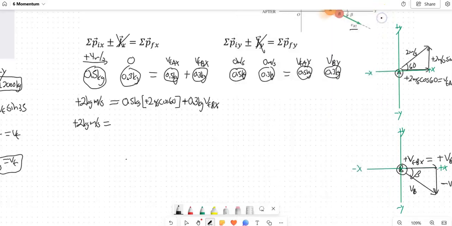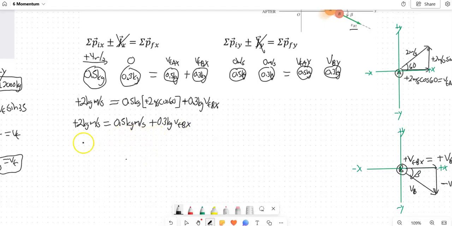And it is. Why do I never trust myself? So when you multiply this all out, it's 0.5 times 2 times 0.5, so that's 0.5 kilogram meters per second, plus 0.3 kilograms V final B X.